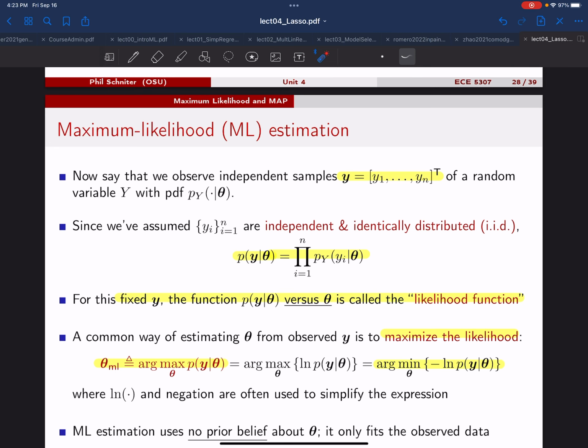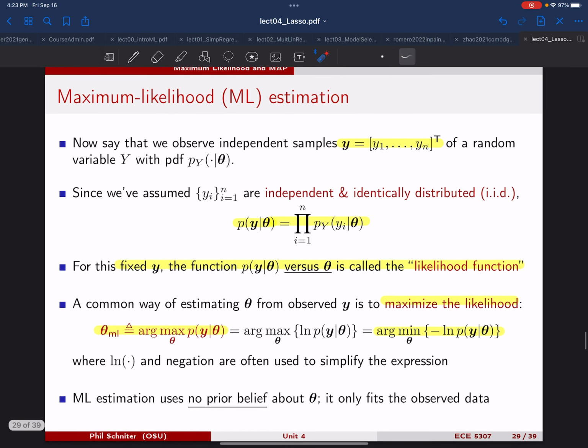Okay, so we just have to figure out a few details and understand this a little bit better. So one important point about this is that when you're doing this fit, you are using no prior beliefs about your parameters theta. Maybe you know something about theta, but in any case, you're not using it when you do this.